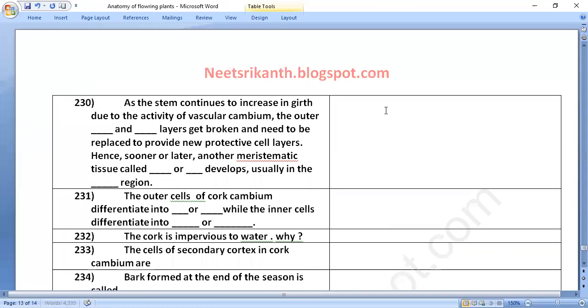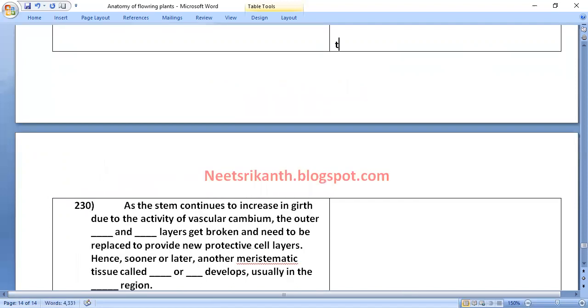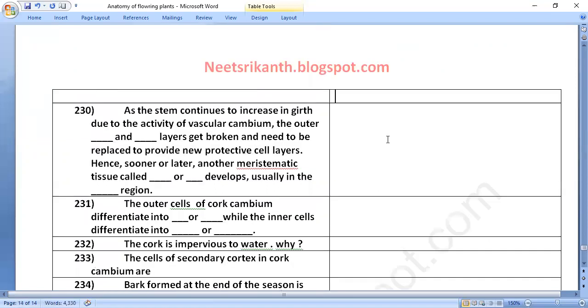As the stem continues to increase in girth due to the activity of vascular cambium, the outer cortical and epidermis layers get broken and need to be replaced to provide a new protective cell layer.